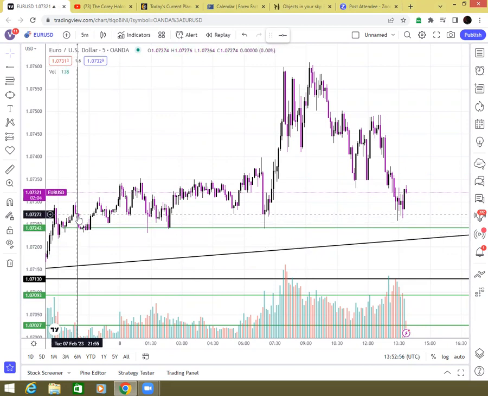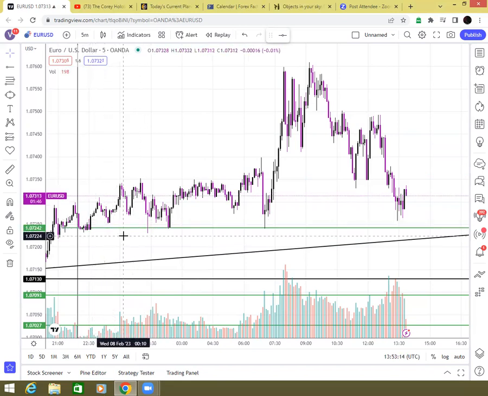Right here, you see that we open with a very bearish candle into this zone right here, consolidation, and then this is where we started the whole process.